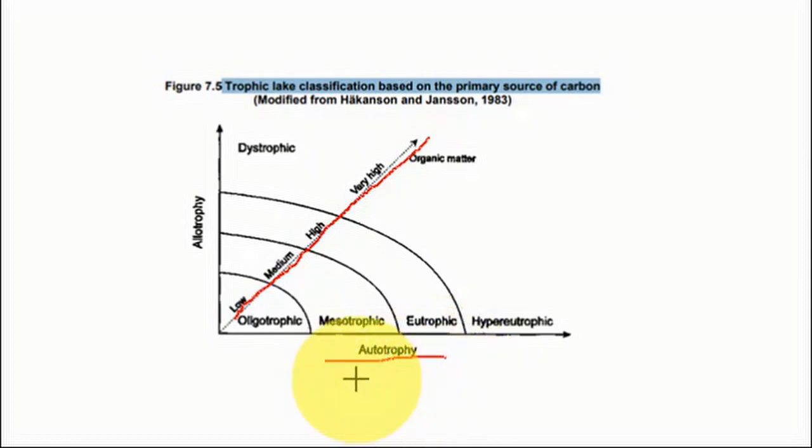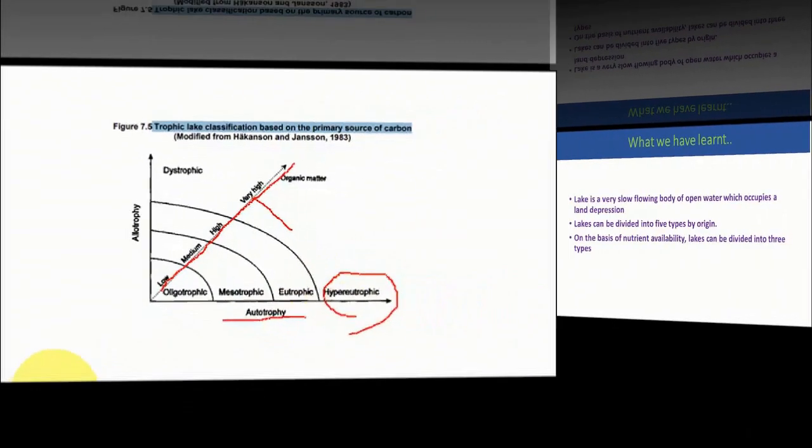Oligotrophic lakes have very low autotrophic nature. Mesotrophic are medium, eutrophic are high, and hypereutrophic are very high. So in this order you can see the nutrient situation of different lakes, which we have classified as oligotrophic, mesotrophic, eutrophic, and hypereutrophic.